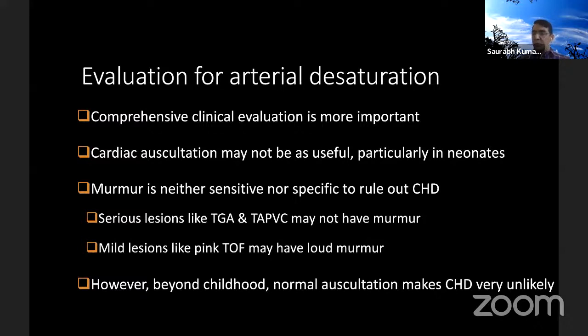As the child grows, becomes an adolescent or adult, the findings become more and more prominent, and they are more useful to us. Murmur is neither sensitive nor specific to rule out congenital heart disease, and that must be kept in mind. Murmur may or may not be there, but the cardiac sounds are a better indicator of the presence or absence of congenital heart disease.